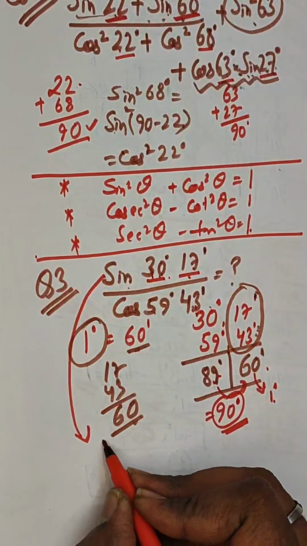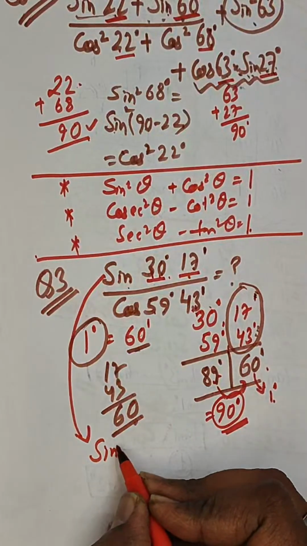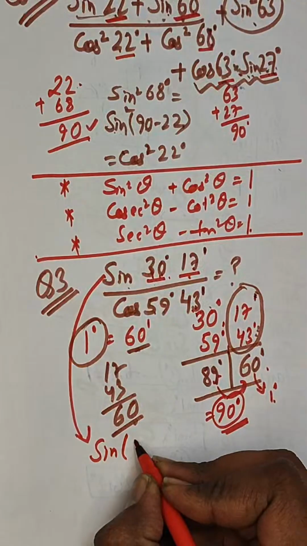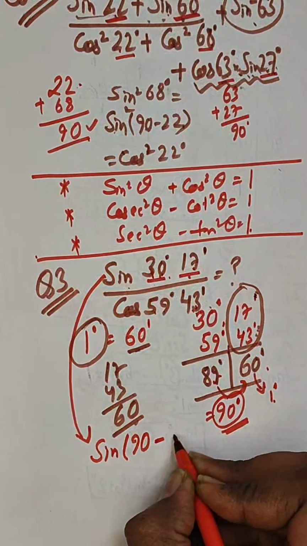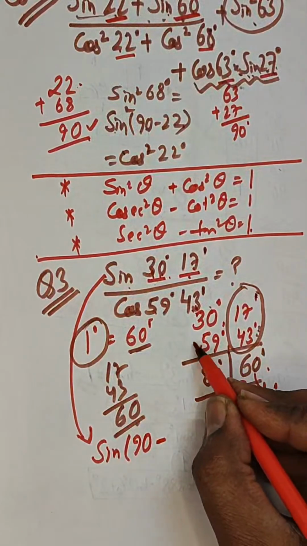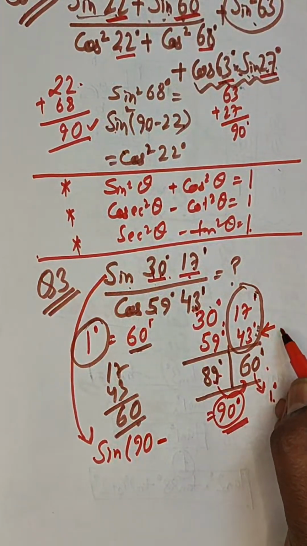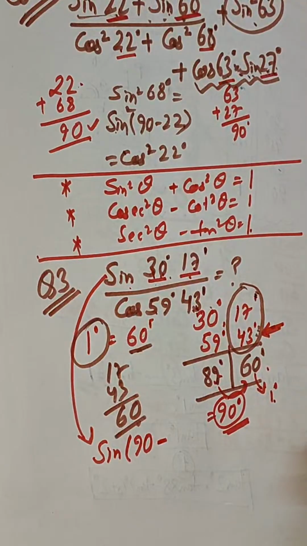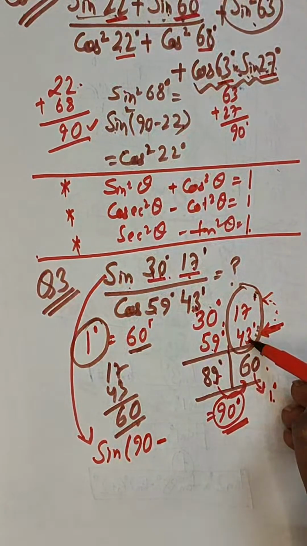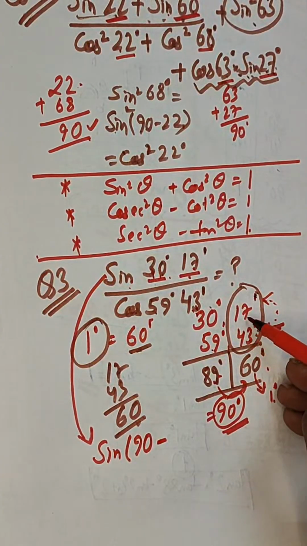So sine of 30 degree 17 minutes can be written as sine of 90 minus 59 degree 43 minutes, because 59 degree 43 minutes is the complementary angle to 30 degree 17 minutes.